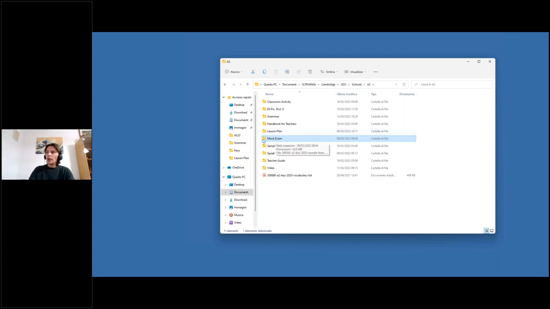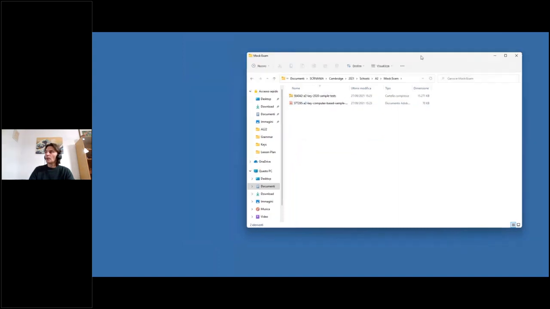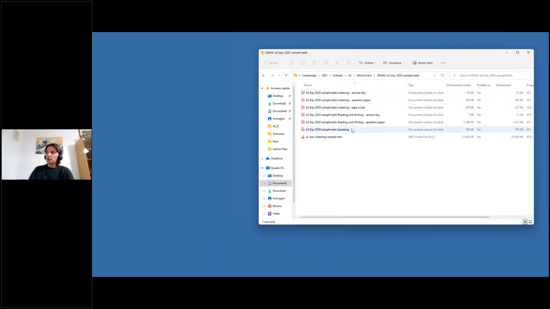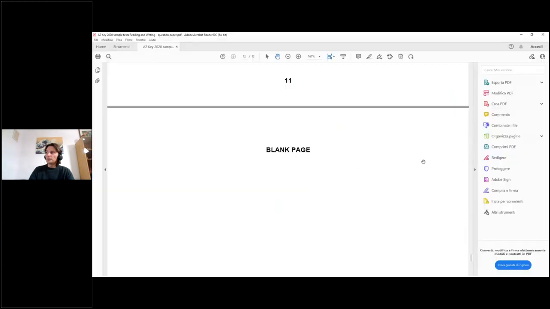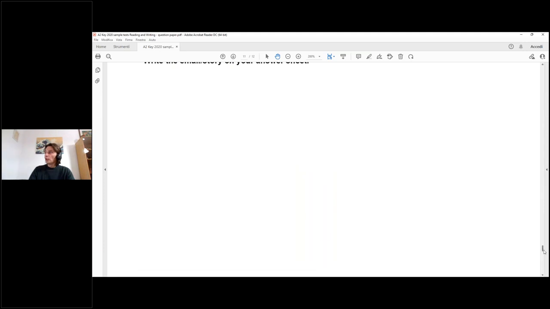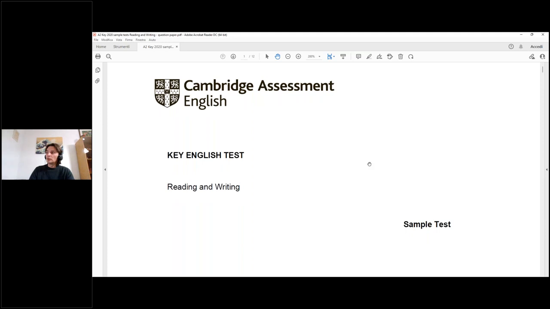So you should have your mock exam folder. Open the mock exam folder, open the zipped folder that you find here and go onto the sample test reading and writing. Now you're going to find this file, right?